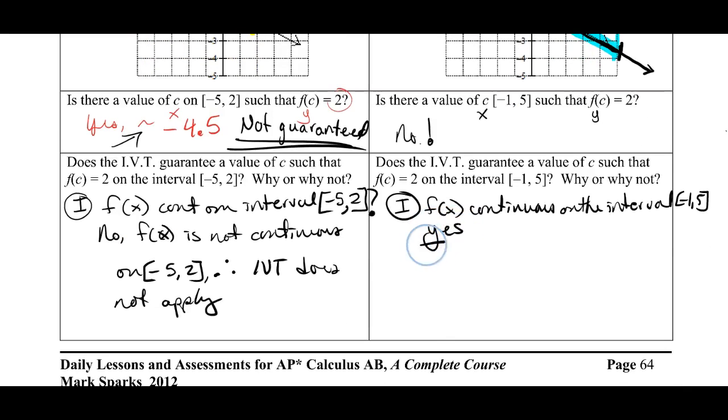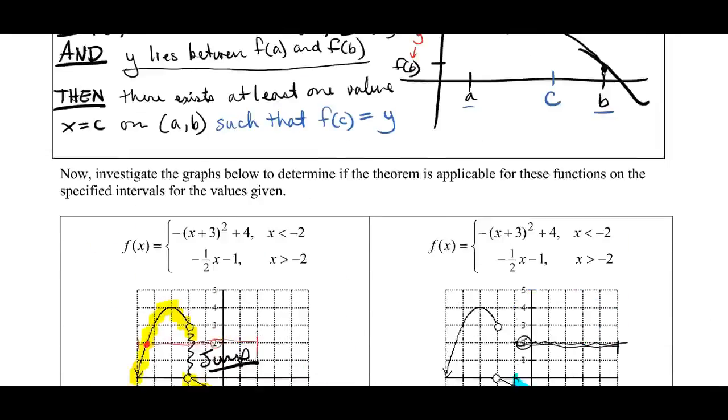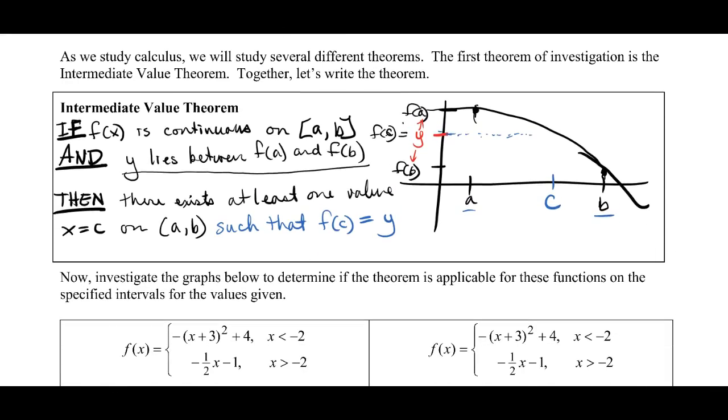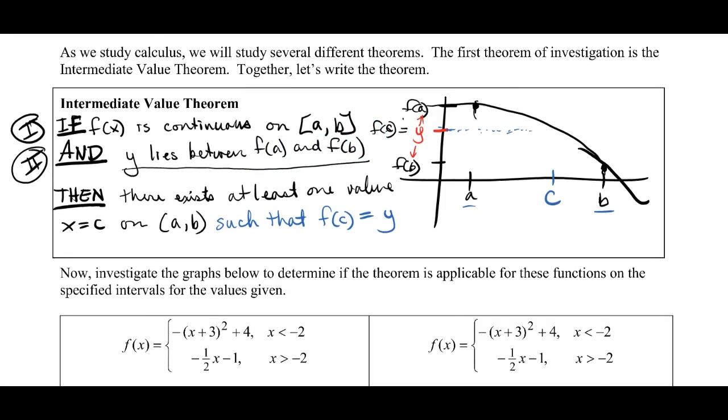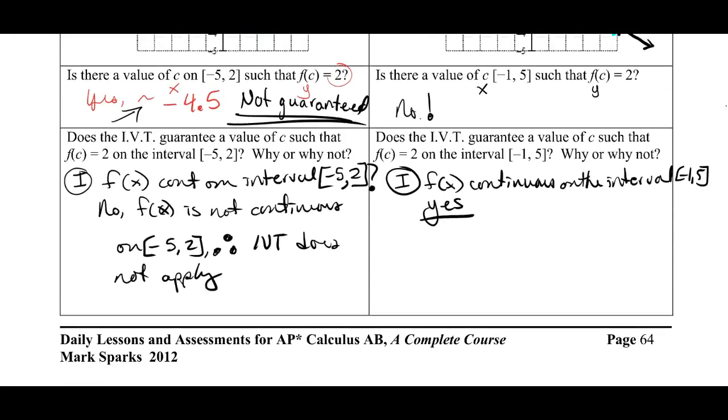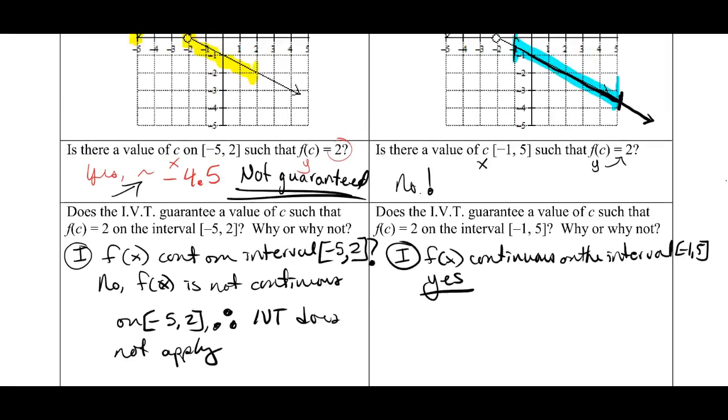All right, so with our last problem, it failed to meet that first condition. We didn't even bother with the second. But recall that our IVT has two conditions. This is condition 1, this is condition 2, and both must be true. Y must lie between f of A and f of B. So Y, that's my f of C here, does that lie between f of A and f of B?